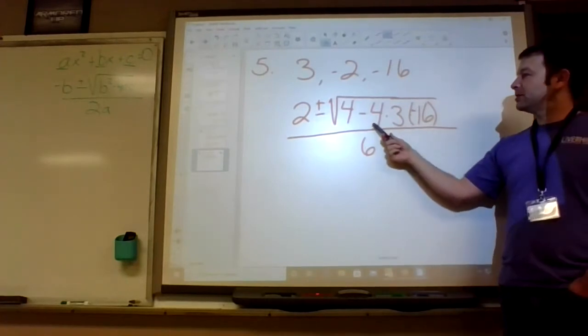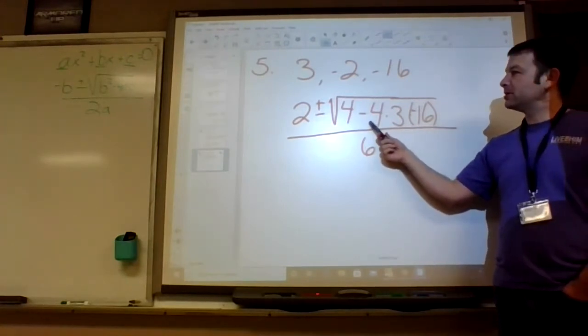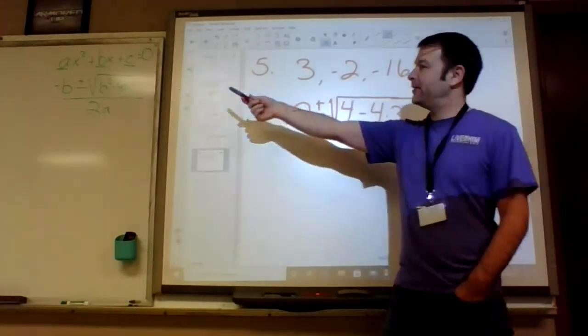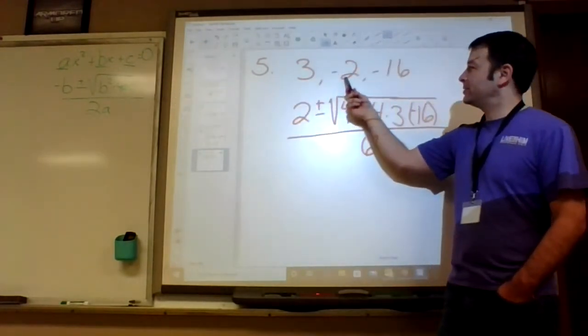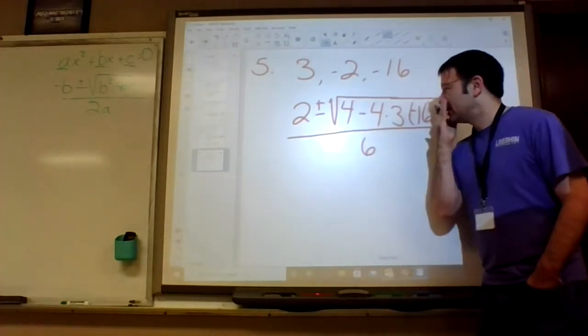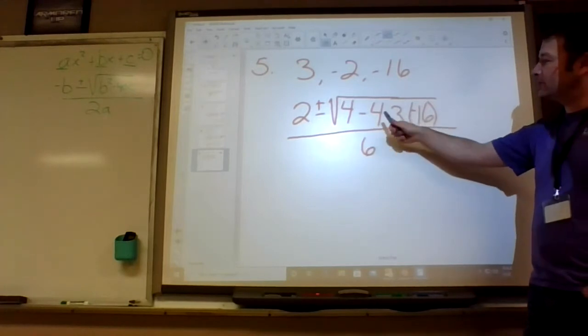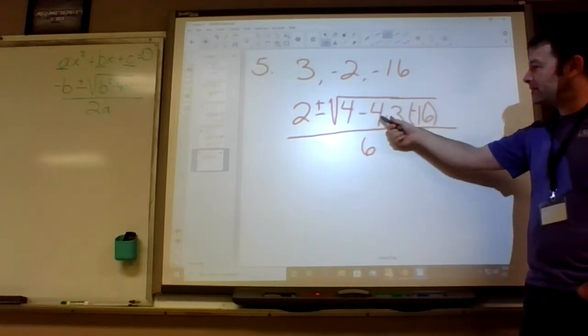Should the first number be negative 2? Yeah, it's negative b, so you do negative negative 2. Oh, okay. This part's the tricky part. If you plug it in your calculator, it should work, but just be careful.